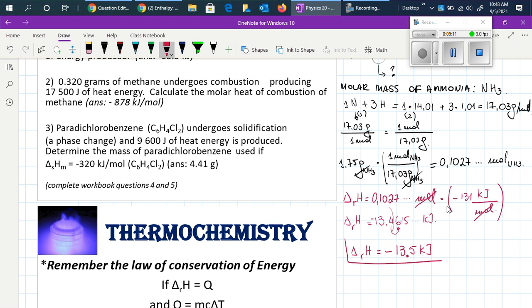So this is how we calculate the enthalpy of the reaction when we know the molar enthalpy.